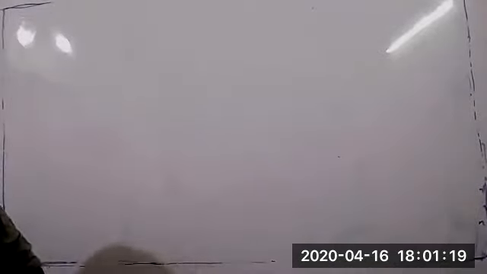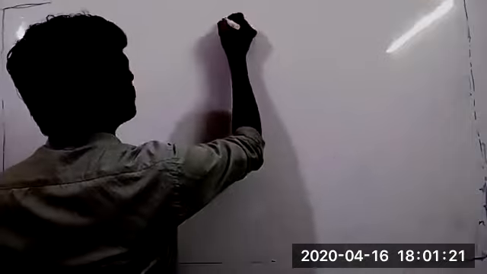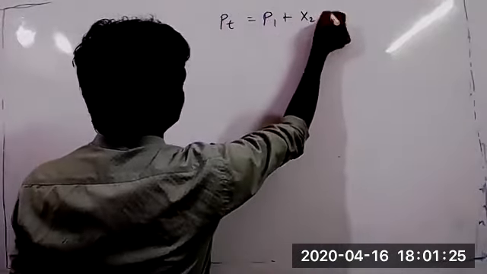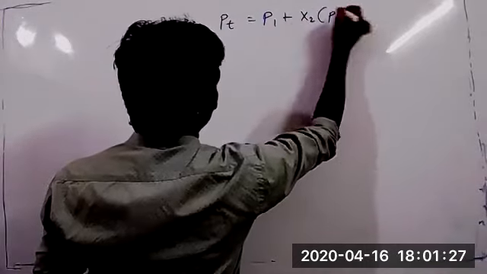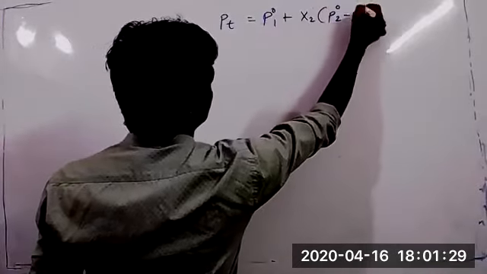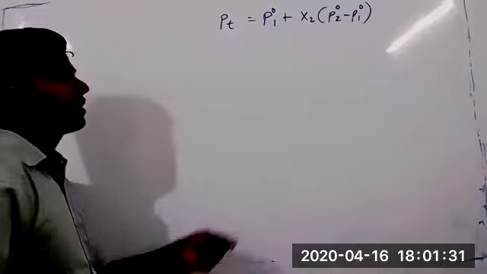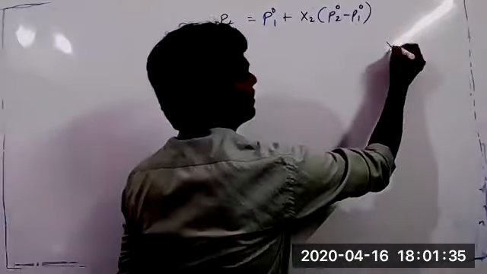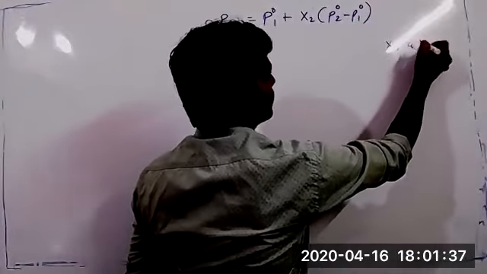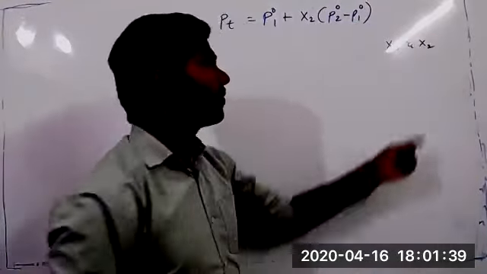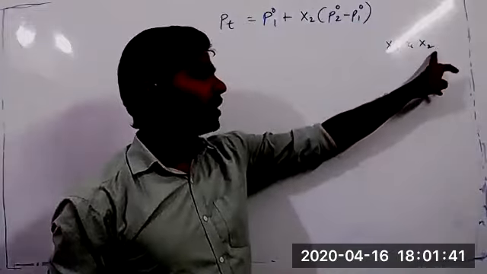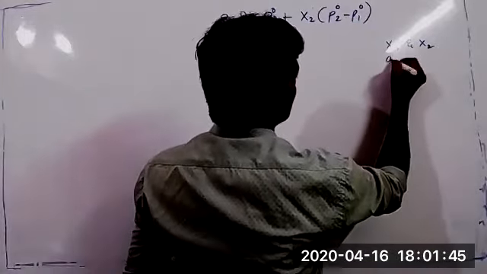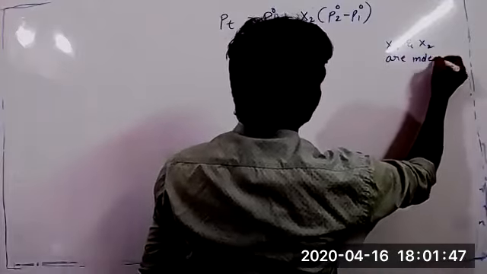So in Raoult's law equation, P total is equal to x1 P1 power 0 plus x2 P2 power 0. This is Raoult's law. Here x1 and x2 are mole fraction of component 1 and component 2 in solution.